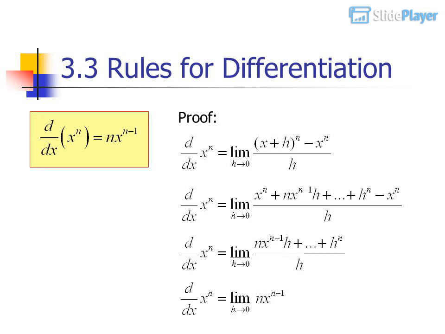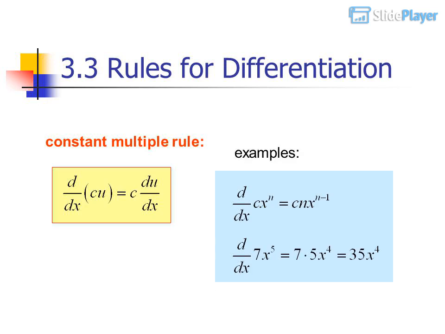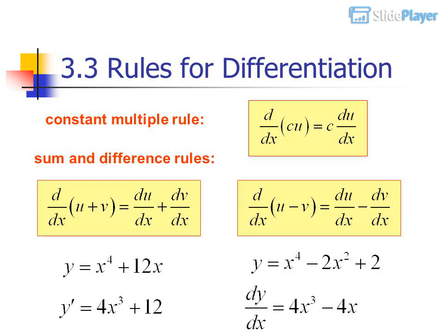Proof. Constant multiple rule. Examples. Sum and difference rules. Each term is treated separately.